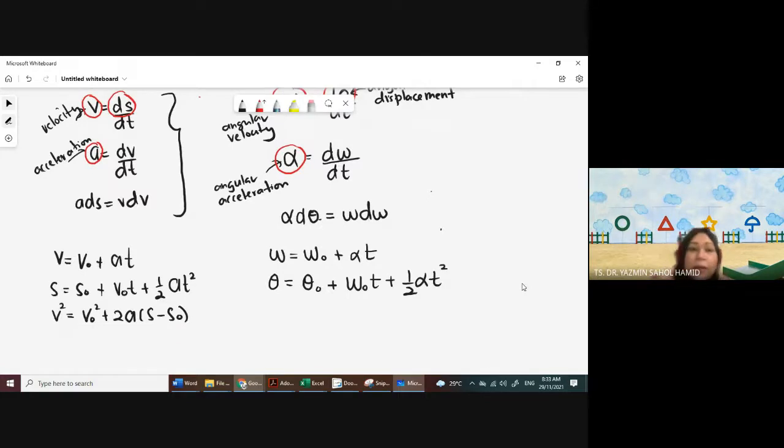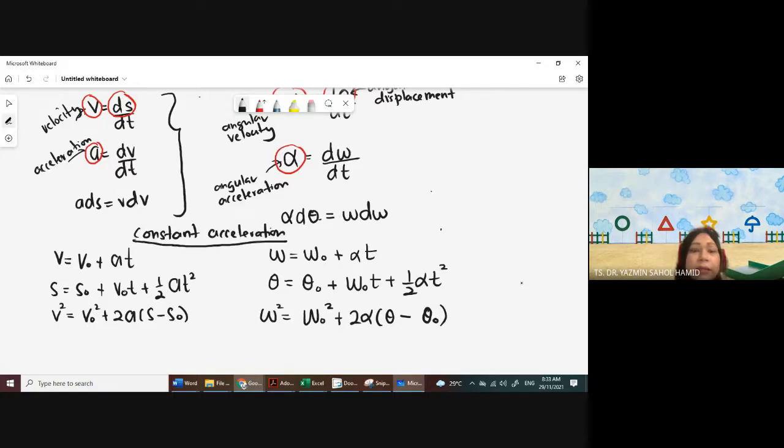It's the same thing, but we're changing it, yeah? And then this one becomes omega squared equals to omega naught squared plus 2 alpha, and then what? Theta minus theta naught. Okay? So this one is formula for constant angular acceleration. Do you remember?